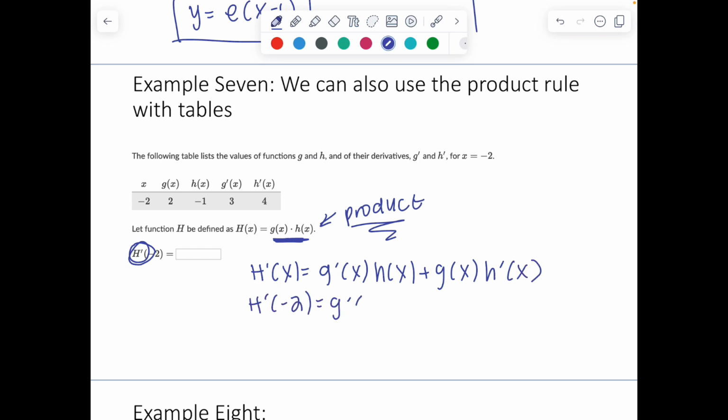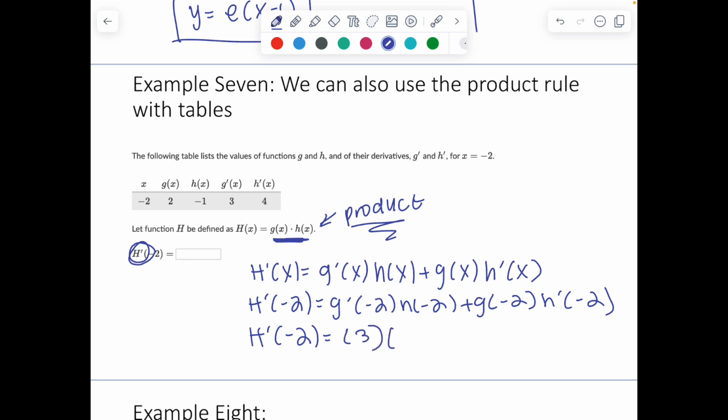So all of these x's, I'll just go through and plug in -2. And then I just use my table to find all these other values. So it says g prime of -2 is 3, h of -2 is -1, g of -2 is 2, h prime of -2 is 4. -3 plus 8 equals 5. And so that's your answer.